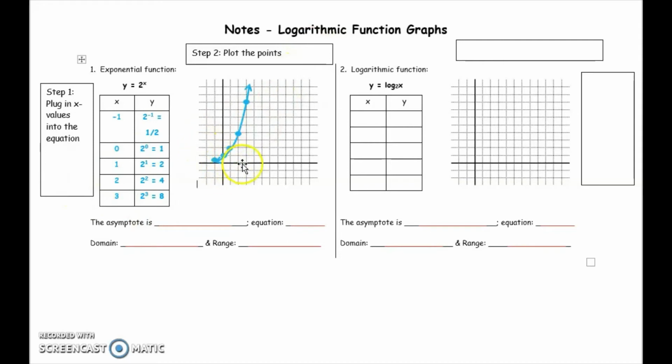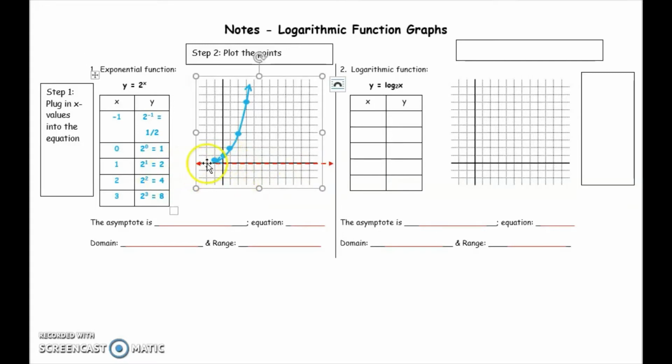Now something I saw before the break is a lot of you didn't stop your arrow, like you didn't curve it this way. You would let it extend down here. You don't want to do that because we have our asymptote right here. That asymptote means that we can't go past it.